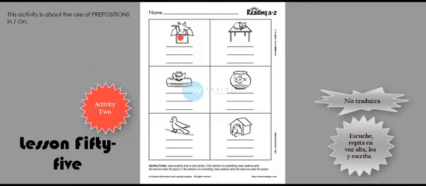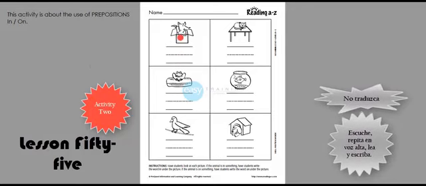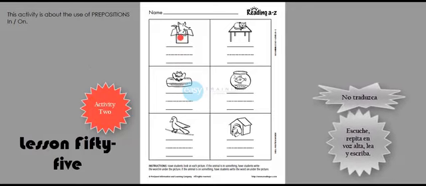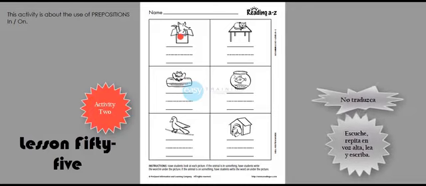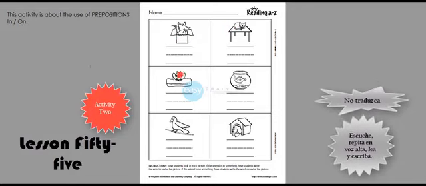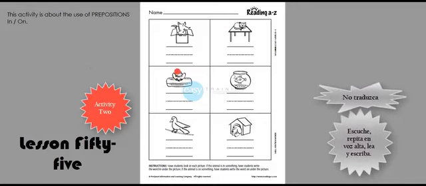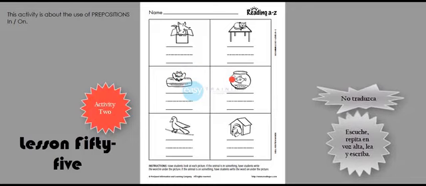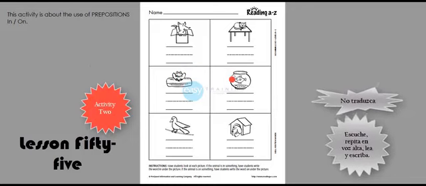Listen to me. The fox is in a box. The cat is on a table. The frog is on a log. The fish is in the bowl.